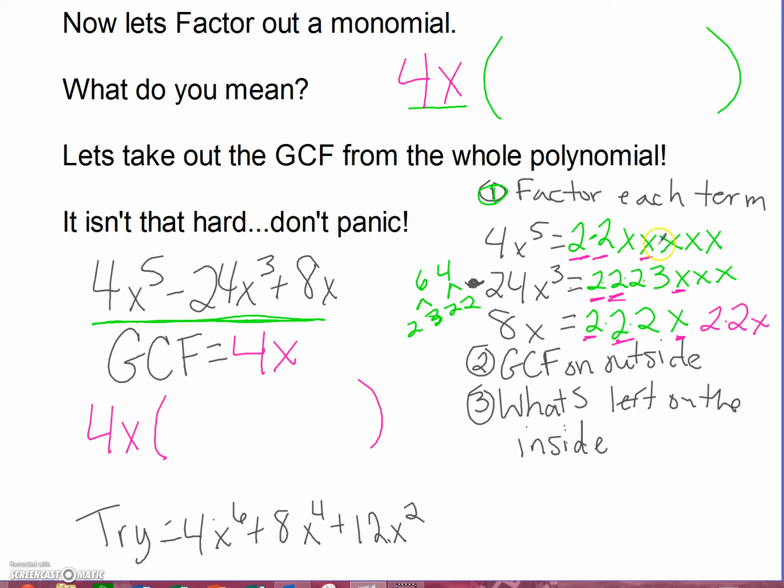Okay, so now let's change colors again. So what's left on the first one? 1x, 2x, 3x, 4x. So that's x to the 4th. Okay, what's left here? 2 times 3, which will give me 6, and notice we have subtraction here, so keep it that way. And how many x's? 2, so that's x squared. Okay, what's left here?